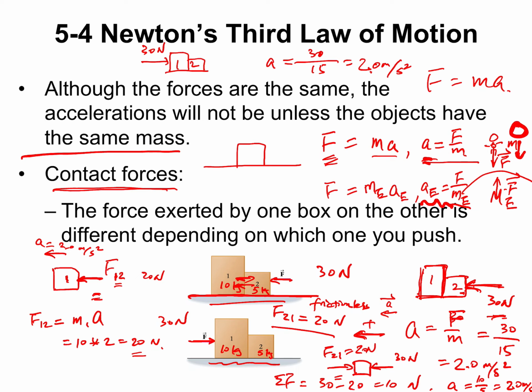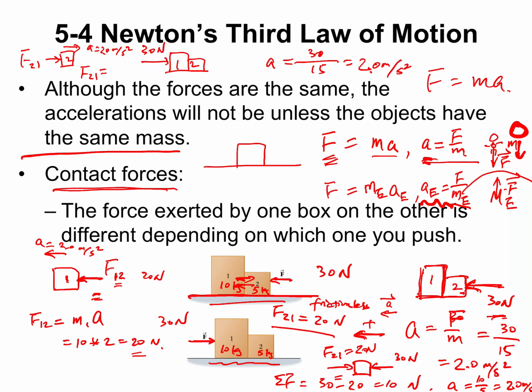And then you can separate them. If you look at object 2, how many forces are there on object 2? Only one force. That force is from object 1 on object 2. And then you can figure out the force, and you know the object's acceleration is 2.0 meter per second squared. Remember, this is a connected problem.